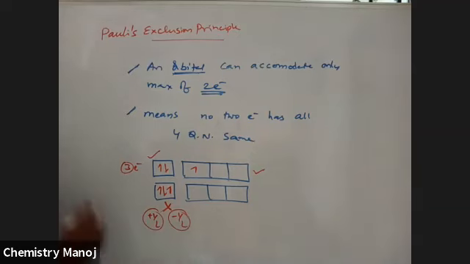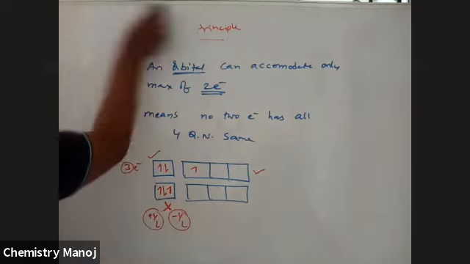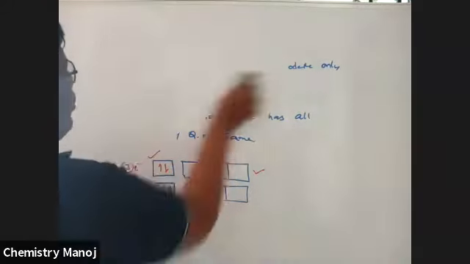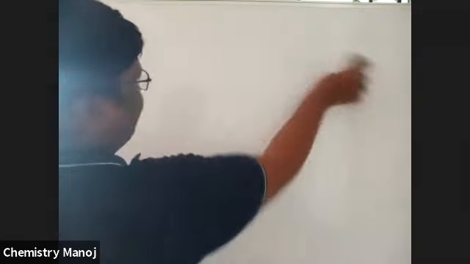So by using these 3 rules, we can write electronic configurations. All our electronic configurations are based on these 3 rules. But there are some exceptions. Those are considered anomalous electronic configurations. The frequently used ones are chromium and copper, and some other examples are also there.